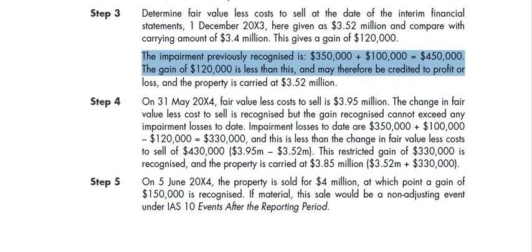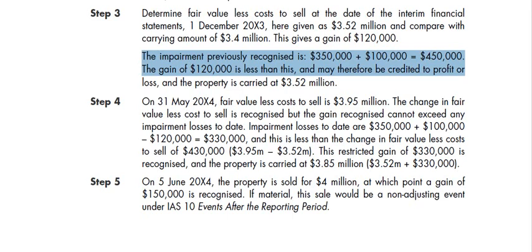We move to step 4, which is now the end of the year. The carrying amount is 3.52 million. The fair value at the end of the year is 3.95, meaning there is an additional gain. How much is the gain? The 430.